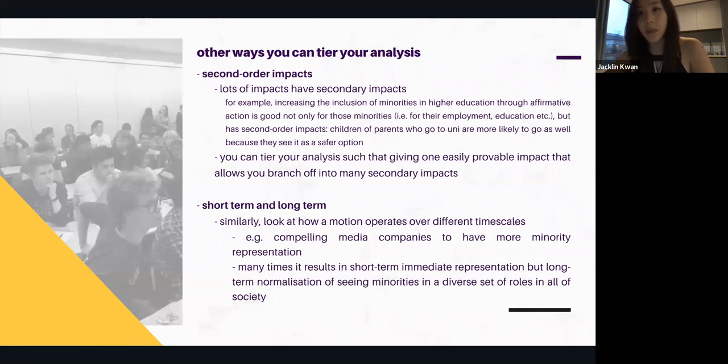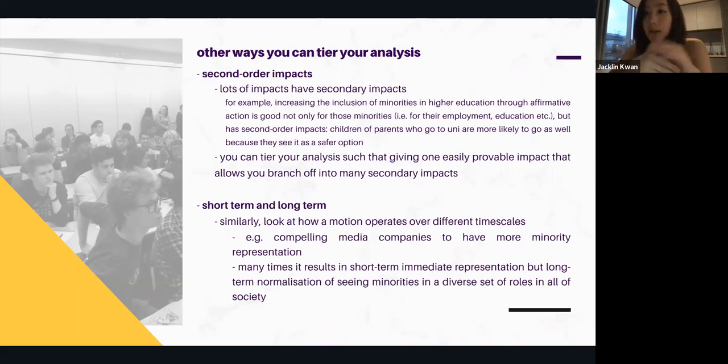So a big problem is that loads of minorities or underrepresented people don't go to university because they feel like university is not for them or not for people like them. Now that more families from underrepresented backgrounds are going to university, you no longer have that idea that it's not for you, because your parents went to university, and you're just more likely to go because it's what your parents did. So it seems like a safer option. So that's a secondary impact.